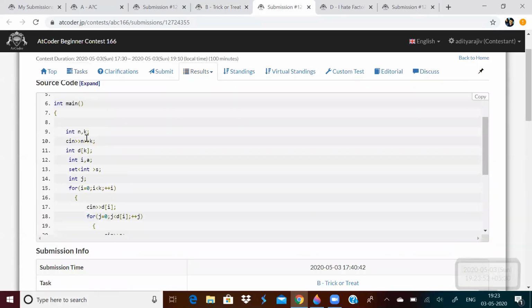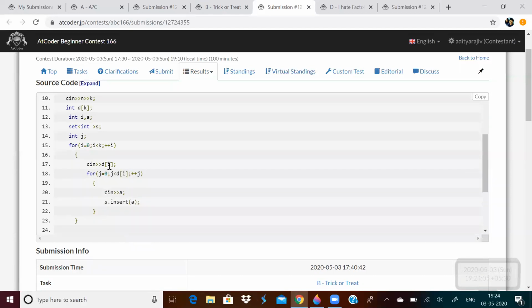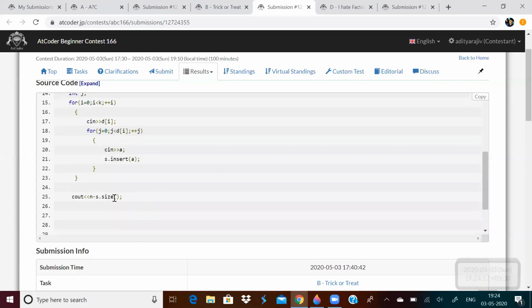I took input N and K, input d_i, that is how many snukes have that snack. So for every d_i, you input the snukes that have this snack and keep inserting that value in the set. Whatever the size of the set is, subtract it from the total. That will be the answer.